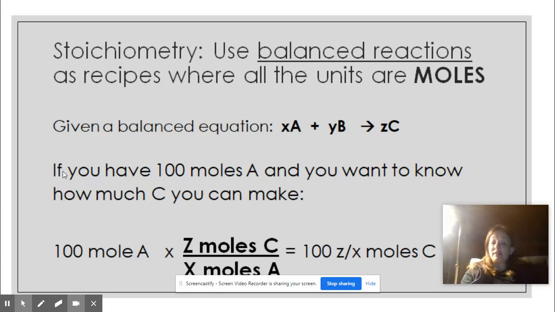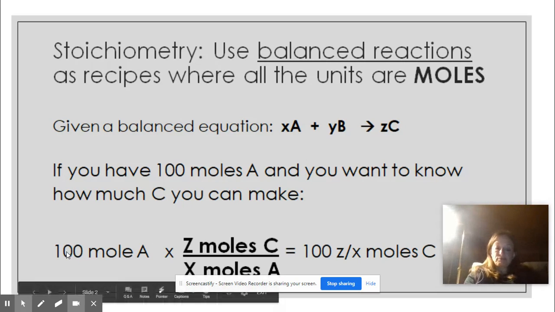If you had, say, 100 moles of A and you want to know how much you could make of C, here's how you would set it up. You would say 100 moles of A is my given. I would do times in a line, and to get from moles of A to moles of C, I want to put moles of A on the bottom, so that moles of A will cancel.